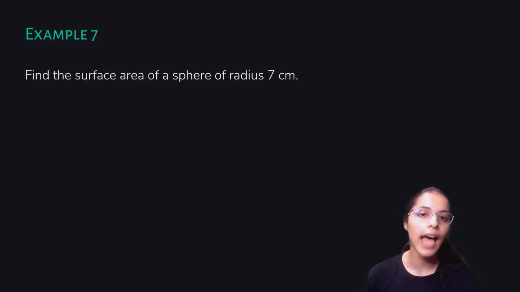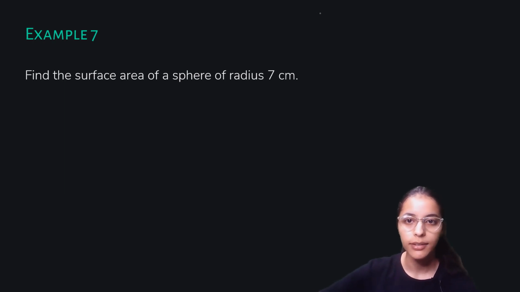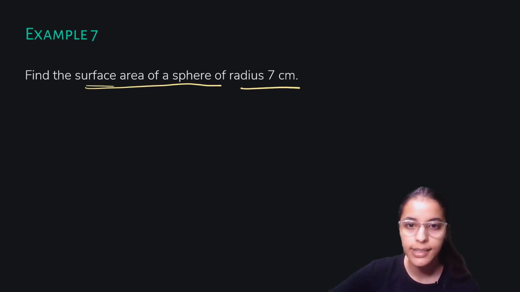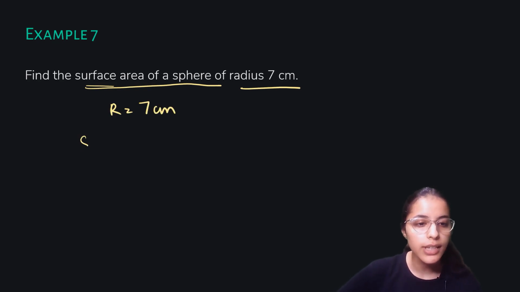Now let us do examples so that you can get a better understanding of the formulas. Here we are asked to find the surface area of a sphere of radius 7 centimeter. So our radius is given as 7 centimeter. The surface area of a sphere, as we have found out, is 4 pi r square.